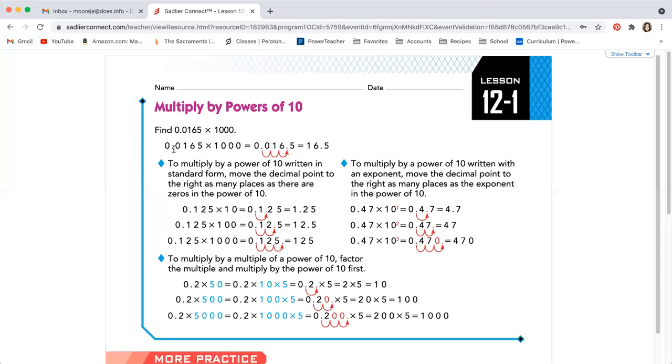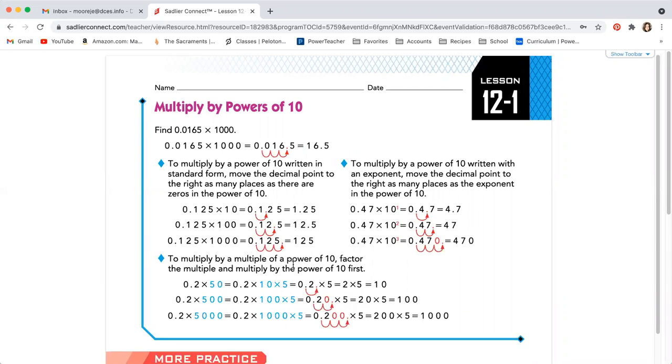And it looks like if I grabbed a hold of this decimal point and pushed it 3 place values back, it would land in between the 6 and the 5. And it creates a new version of the number, right? It creates the product 16 and 5/10.